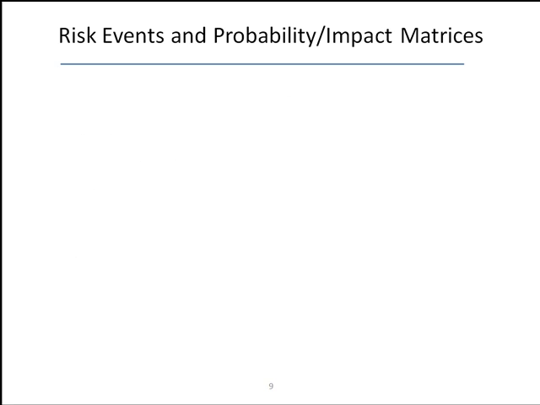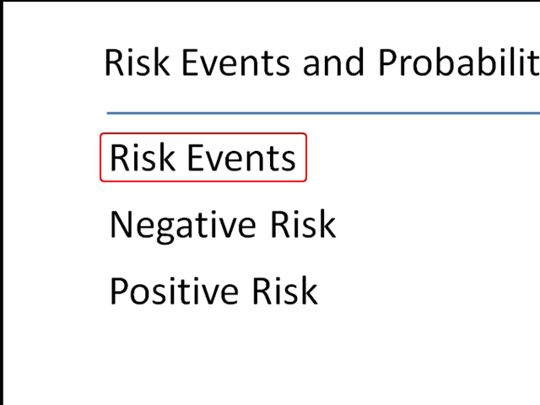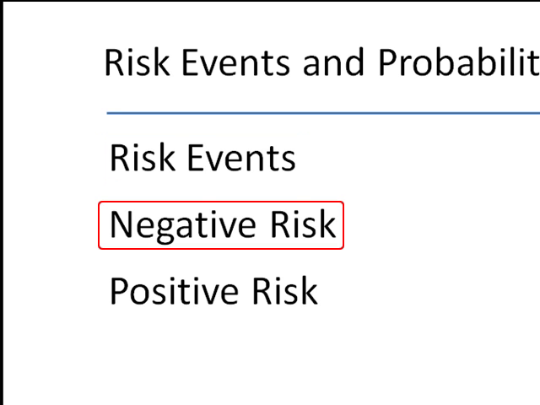Let's look at some of these risk events and the probability and impact matrices. Risk events refer to specific uncertain events that may occur to the detriment or enhancement of the project. Negative risk events include the performance failure of a product produced as a part of the project, delays in completing work as scheduled, increases in estimated costs, supply shortages, litigation against the company, and maybe even strikes.